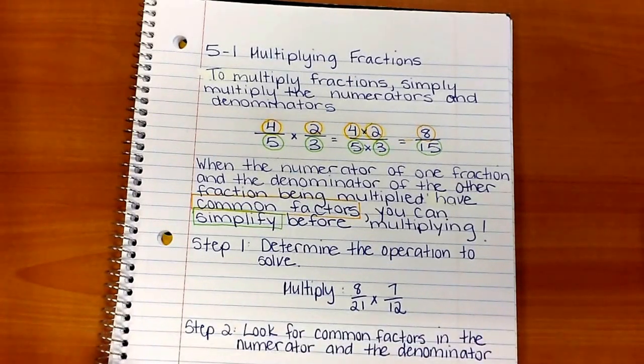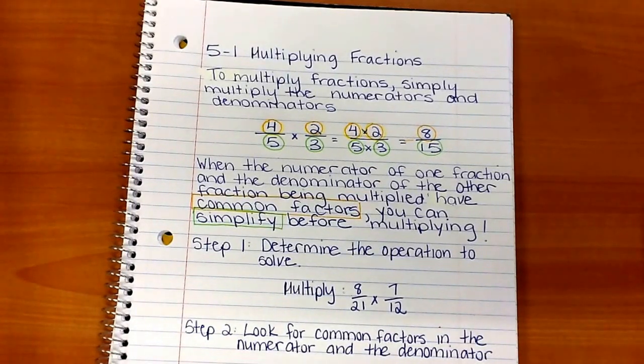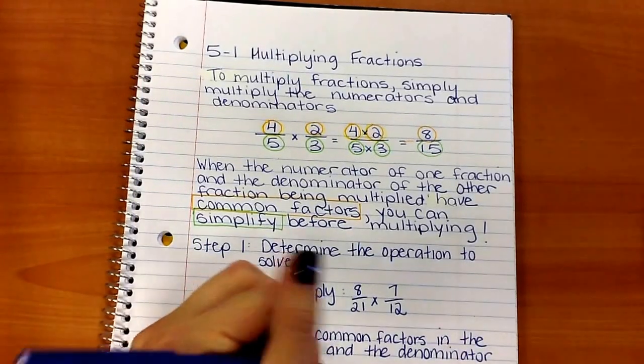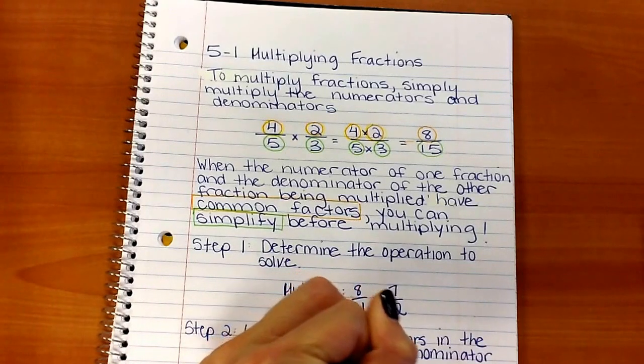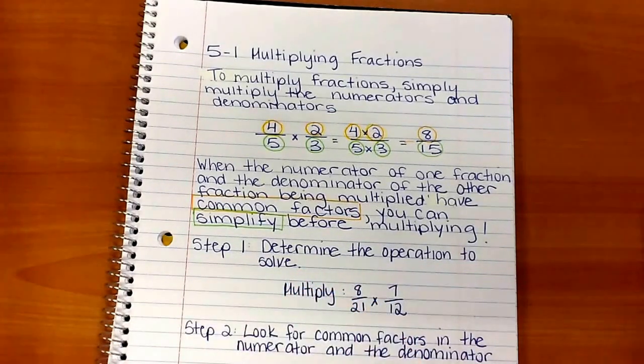For step number 2, I need to look for common factors in the numerator and in the denominator. So I'm going to rewrite my fractions: 8 over 21 times 7 twelfths.